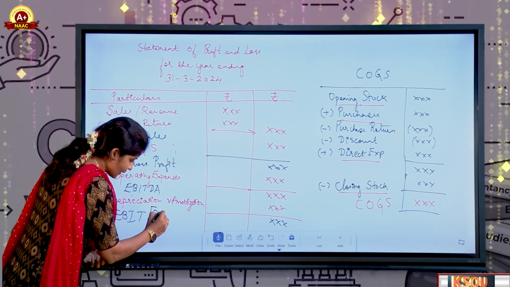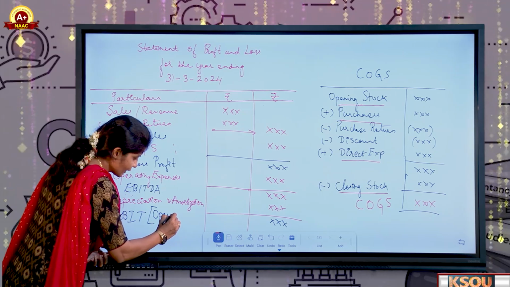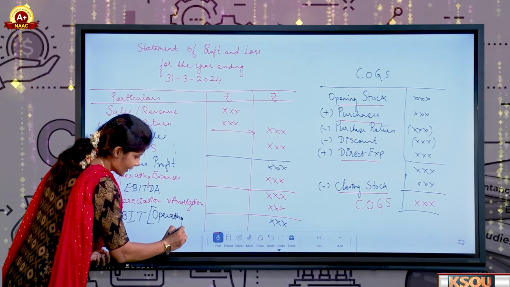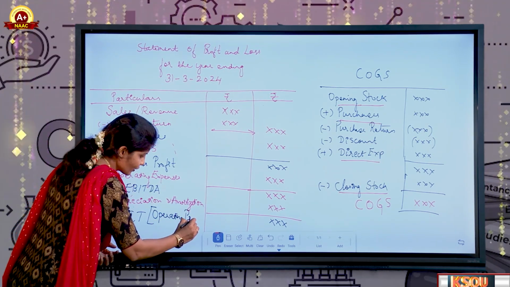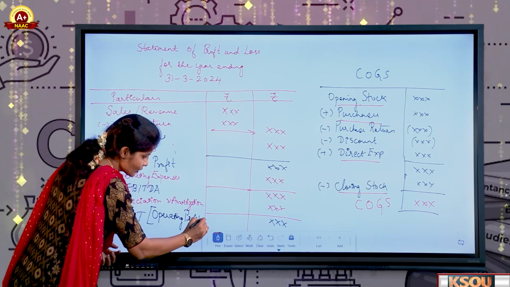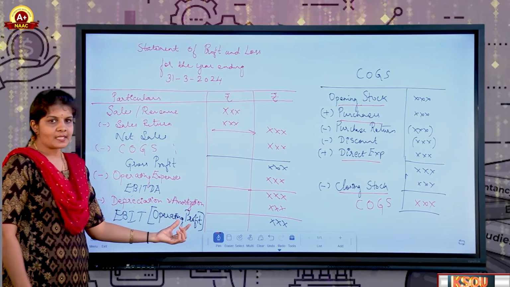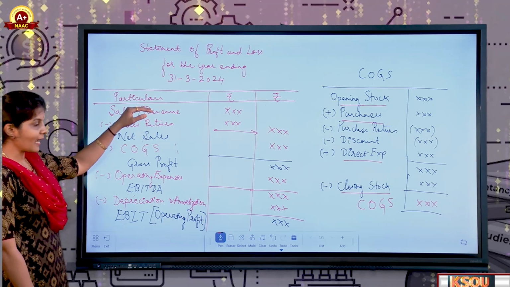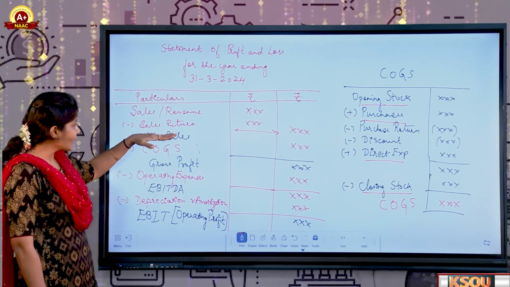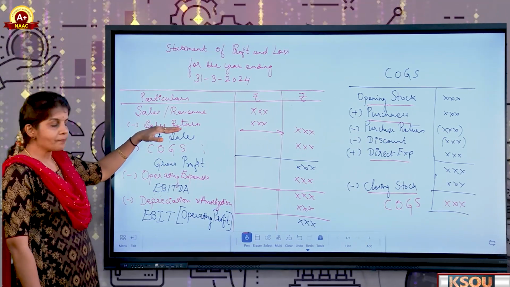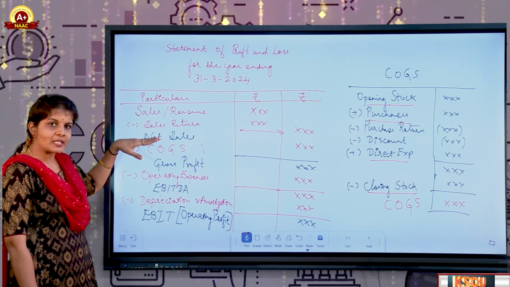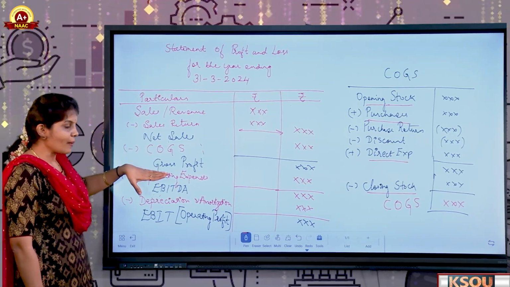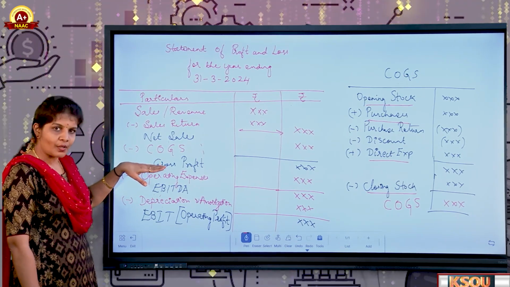EBIT is nothing but earnings before interest and tax, and this is also called operating profit. I hope you have understood till now. I'll repeat once again. Sales minus sales return gives you net sales. From this, if you deduct cost of goods sold, the balance we get is called gross profit.